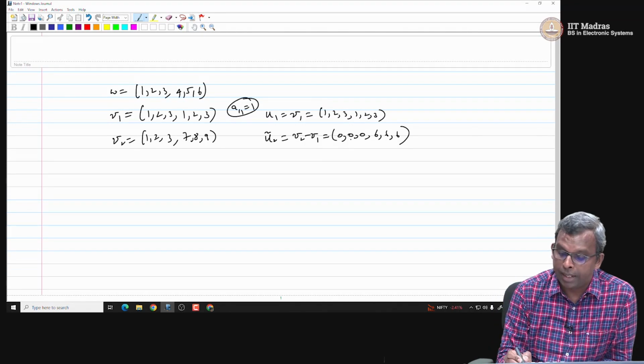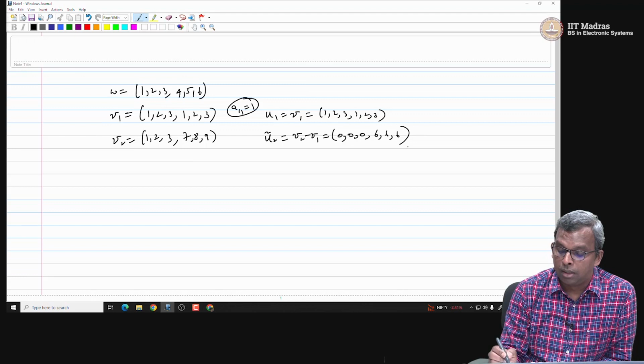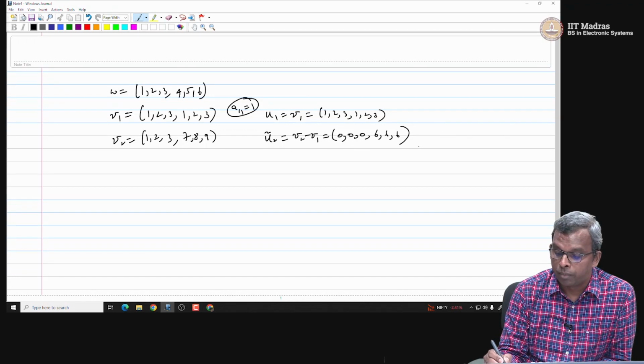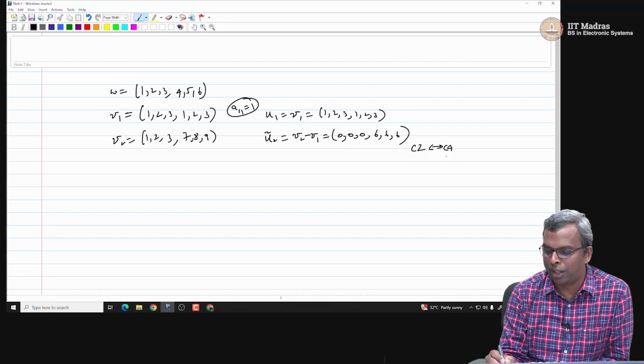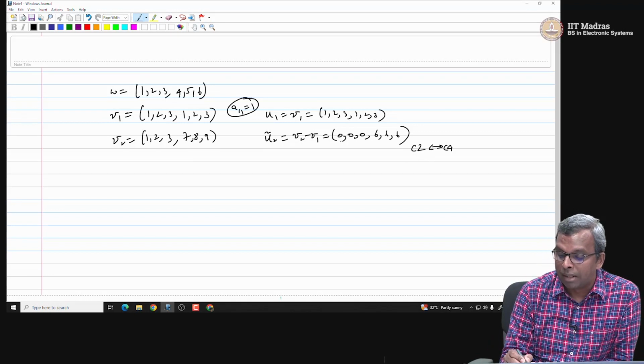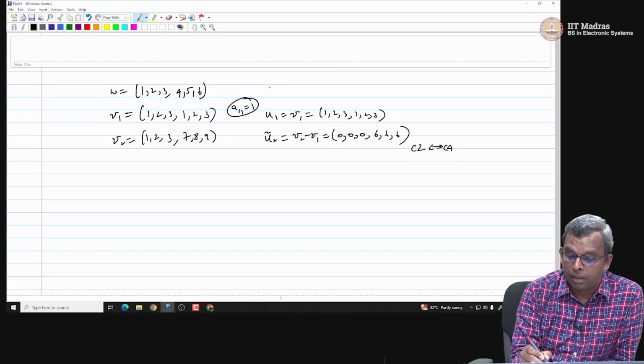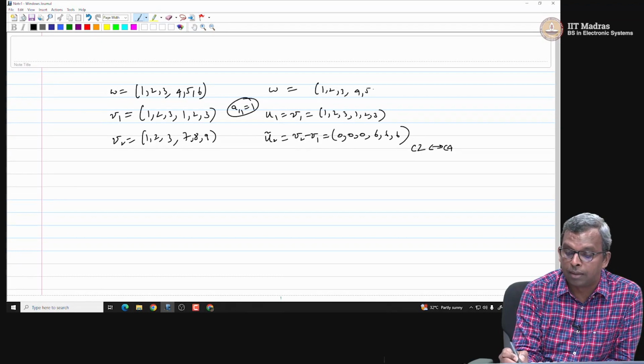Okay. Now, I want this guy to be 1. So, I will exchange 2 and 4. Exchange. So, C2, C4. So, this is my notation to record that I am going to exchange second column and fourth column, right. So, remember W was 1, 2, 3, 4, 5, 6.